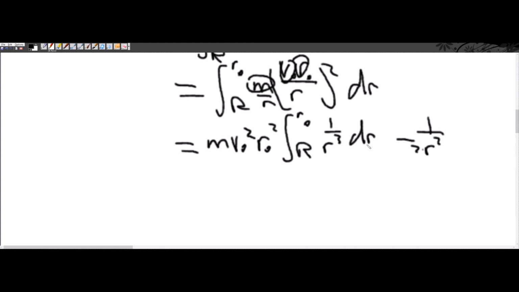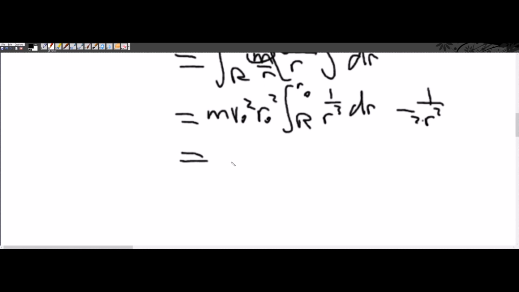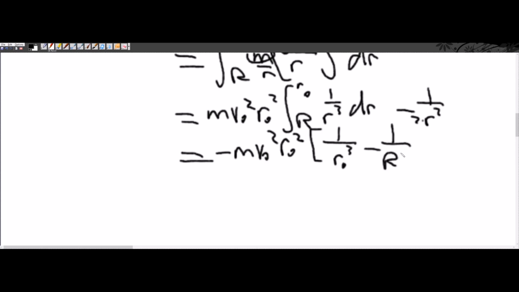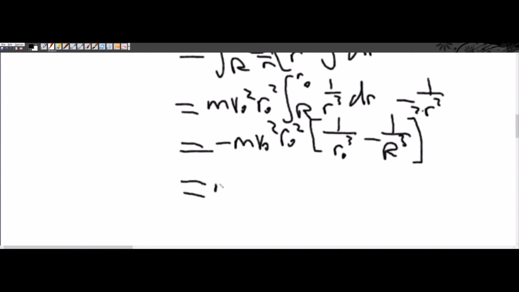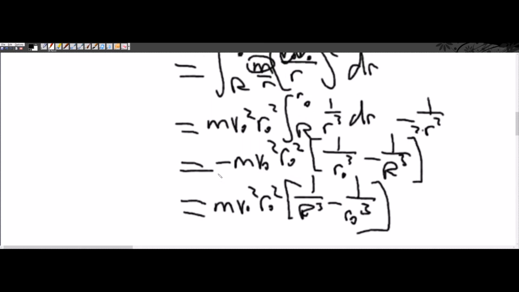So we put the negative out front: negative m v0 squared r0 squared, and now you evaluate this. This is going to be 1 over r0 squared minus 1 over big R squared. This is our equation. We can also put the negative inside to rearrange the signs. So this can also be equal to m v0 squared r0 squared times 1 over r squared minus 1 over r0 squared. And that's it.